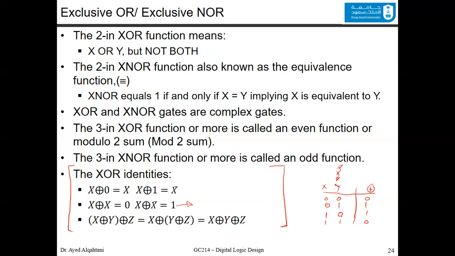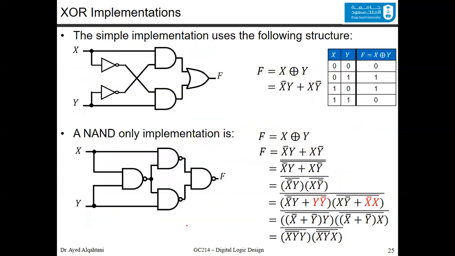If you have X and 0, then the result is also going to be 1. And that's what we mentioned here. So we mentioned a Boolean algebraic law now for the exclusive OR, when X is XORed with its complement, it's going to be equal to 1. If they are the same here or here, then it's going to be 0. Also, the distributive law applies for the XOR.